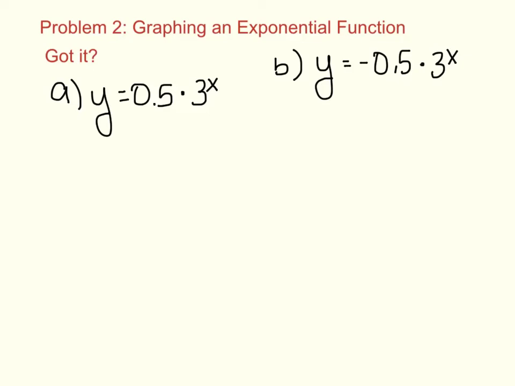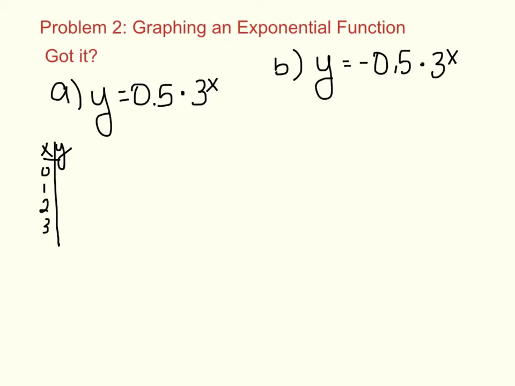You got to either use a t-table or use your graphing calculator and just use the table function. If you go to the table function, it gives you all your table values. But what I would do is I would make a t-table, and I would pick, if you're doing problems like these, 4 or 5 values.